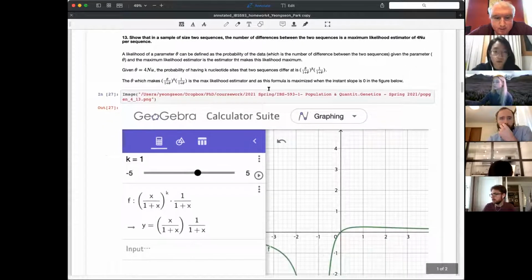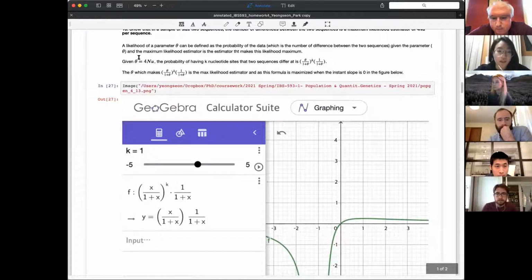So the likelihood of a parameter theta can be defined as the probability of the data given the parameter theta. And the maximum likelihood estimator is the estimator that makes the likelihood maximum.